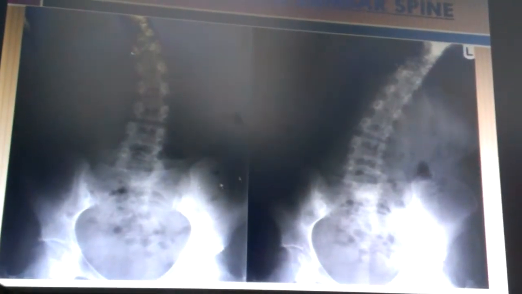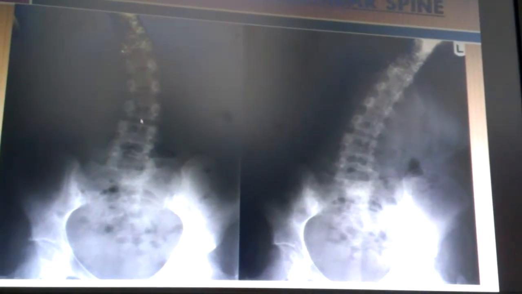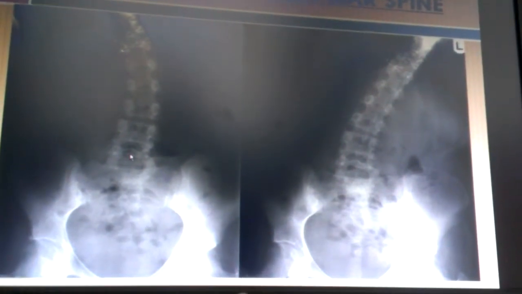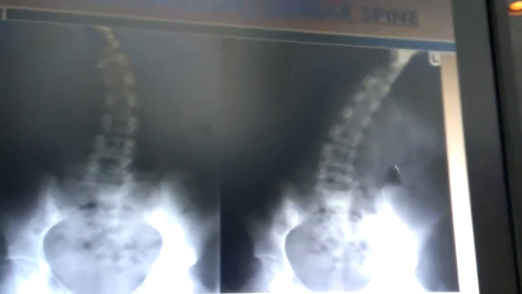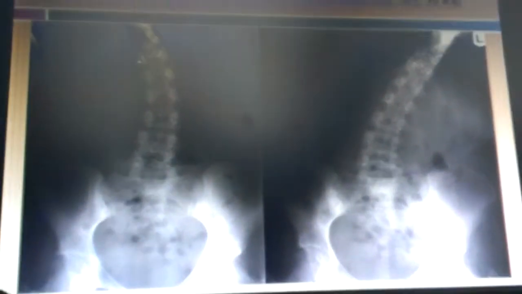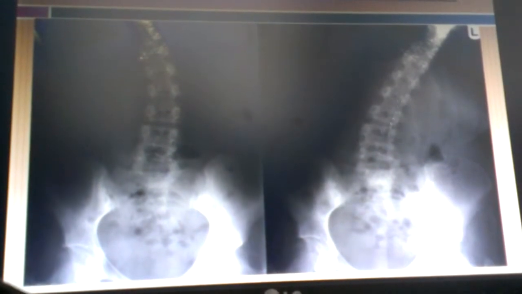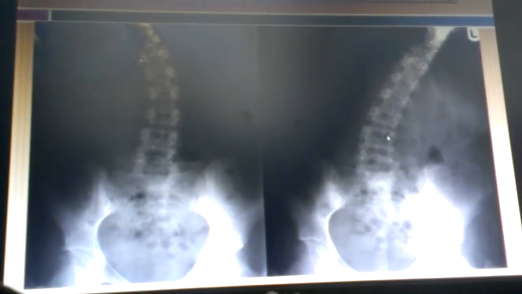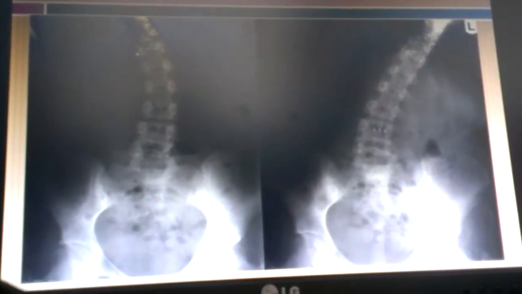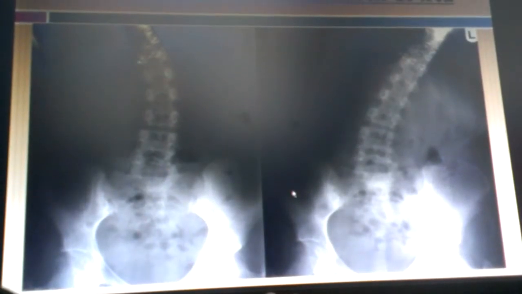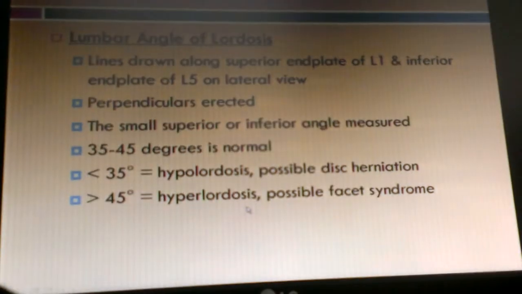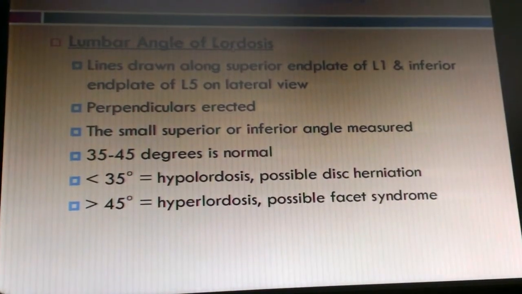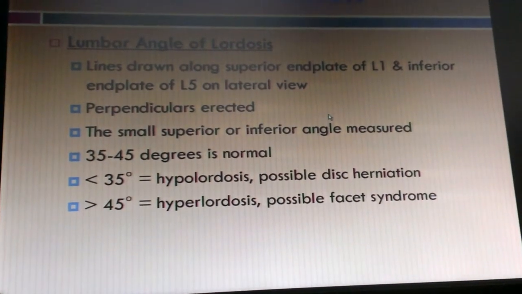But anyhow, it kind of looks like maybe we're not rotating these vertebrae here as much as we should, maybe in the lower lumbar spine. And maybe we're rotating them a little more than we should here. So anyhow, you're comparing one lateral bending to the right versus the left, and to see if there is continuity, and there should be. Okay, so now we talk about lumbar angle of lordosis.